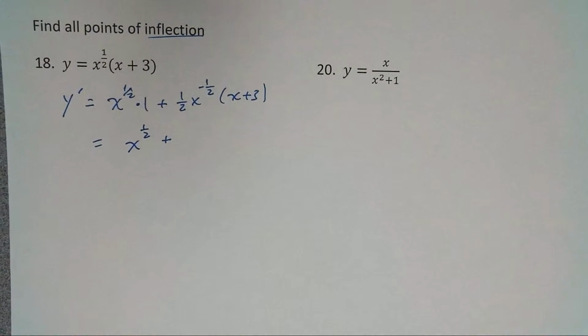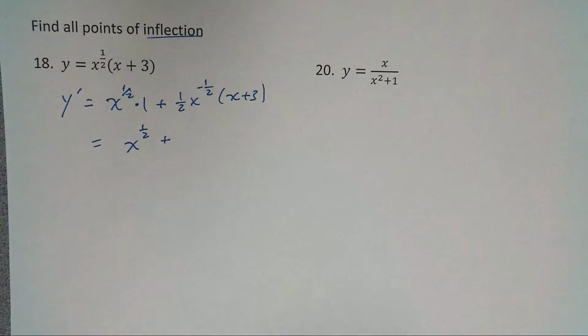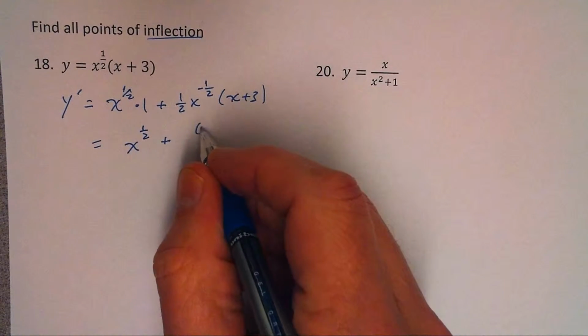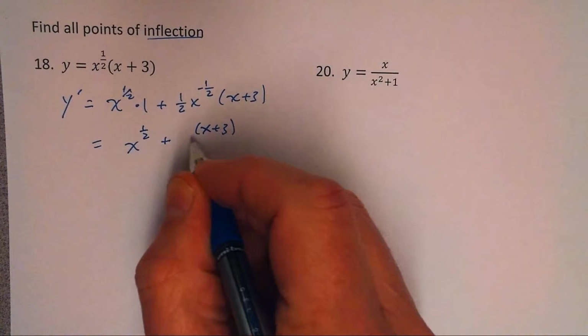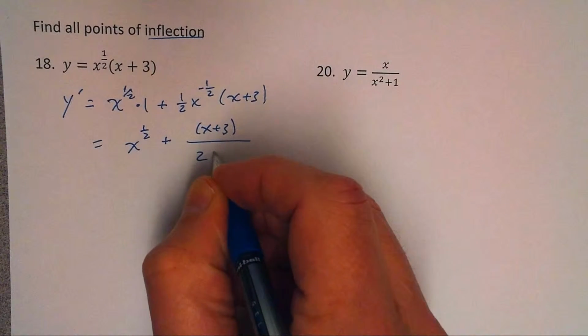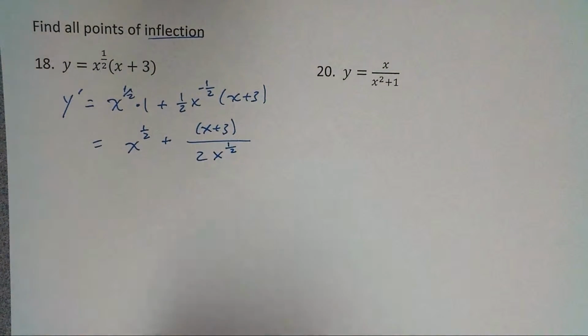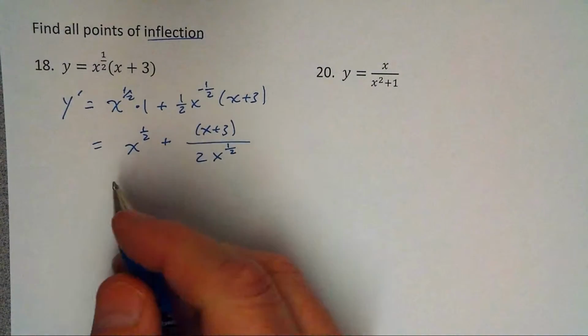This is one of those cases where we may come back and stick with product rule, but I'm going to go ahead and write this as x plus 3 on 2 times x to the positive 1/2. Now I'm tempted to get common denominators.